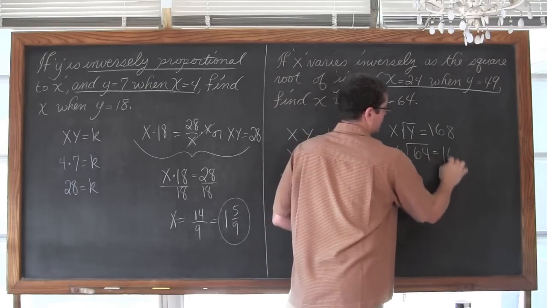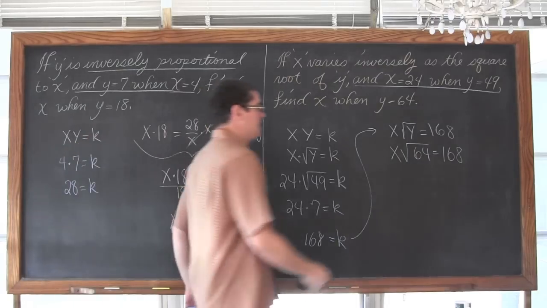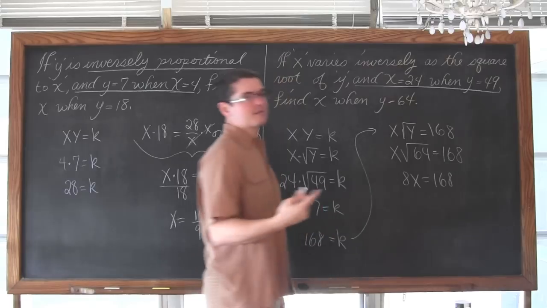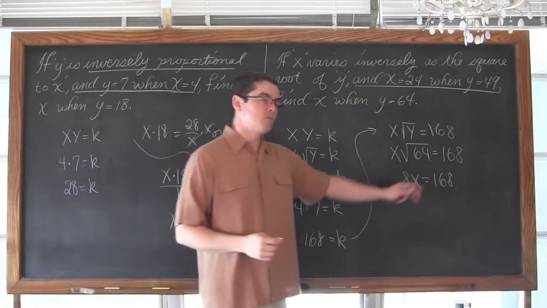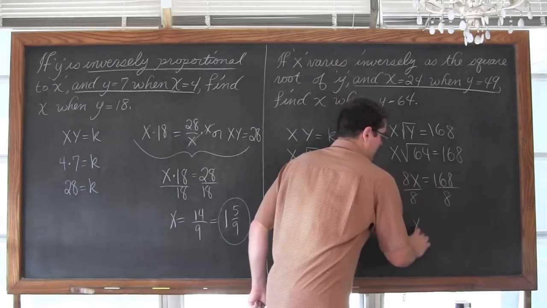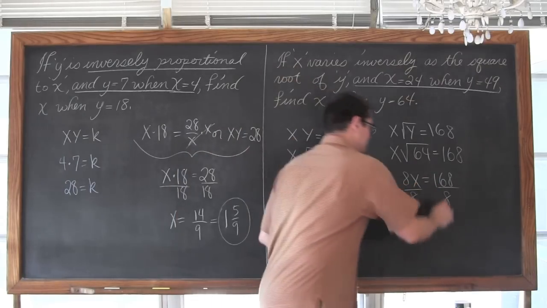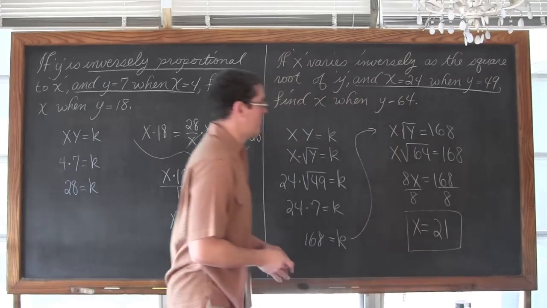So we're going to take out y, plug in what it's equal to, that's 64, square root of 64 is 8, so we have 8x is equal to 168. We want to undo that multiplication with division, so we're going to divide both sides by 8 and get x is equal to, let's see here, 16 divided by 8 is 2, and then 1. So the final answer is x equals 21.